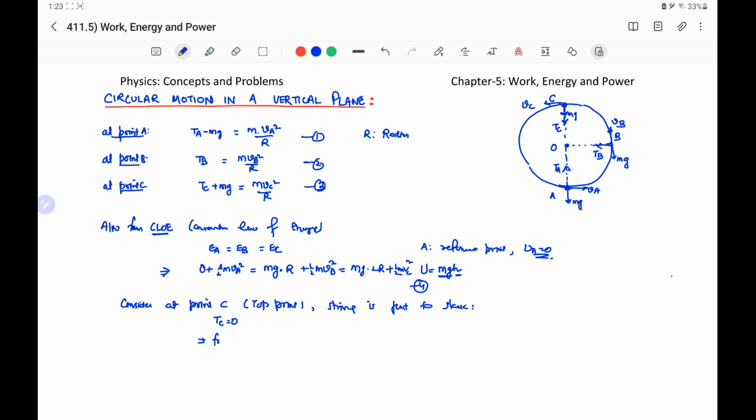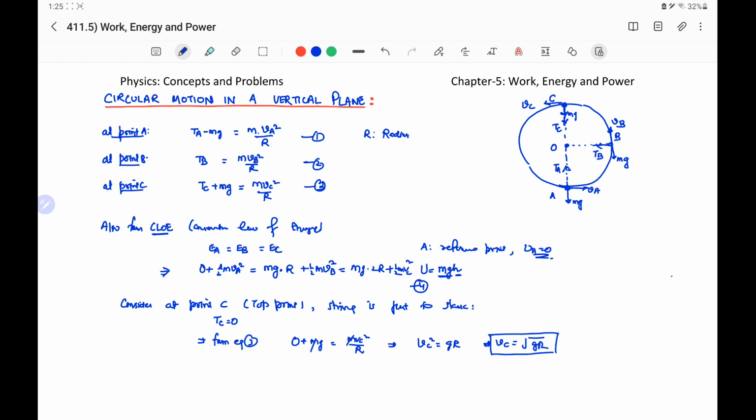So from equation number 3, we can write 0 plus mg equal to mvc square by r. The m and m get cancelled. Therefore, vc square equals gr, or vc equals root gr. This is the velocity at the top point when the string is just about to slack.